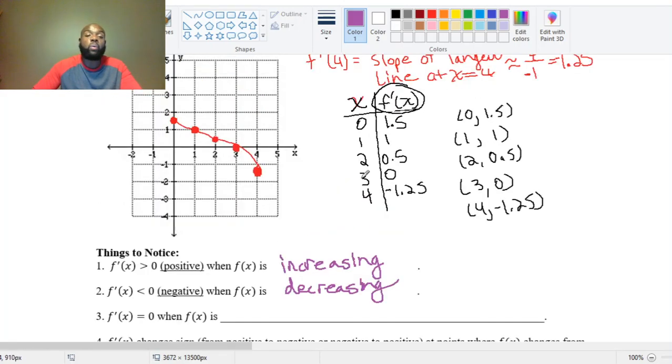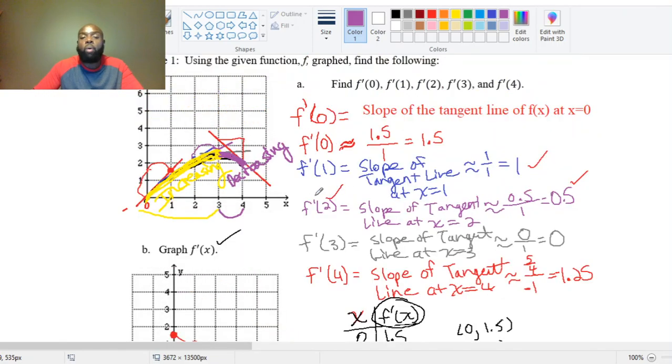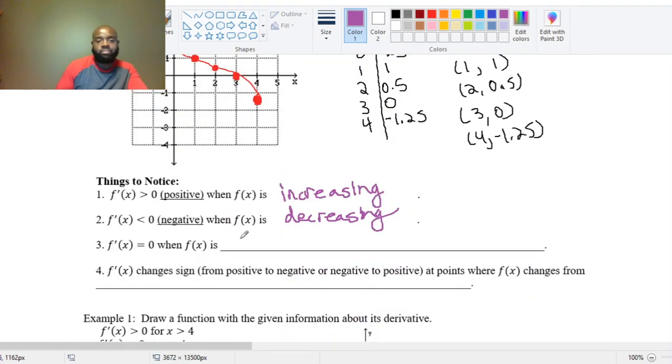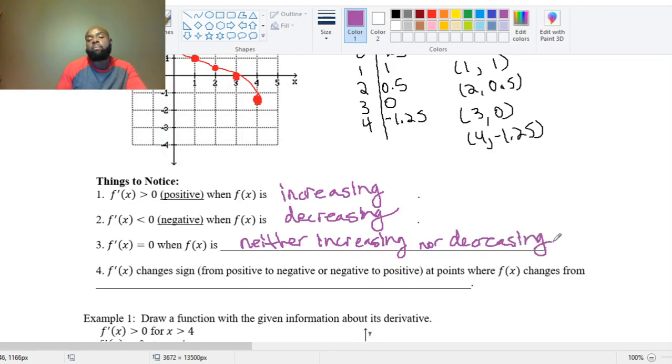The derivative equals 0, well, the only point where our derivative was 0 was this point right here, where x was equal to 3. We had a horizontal tangent line, and actually, at that point, it's neither increasing nor decreasing. Okay?